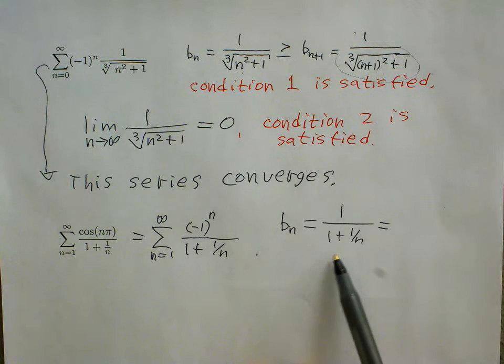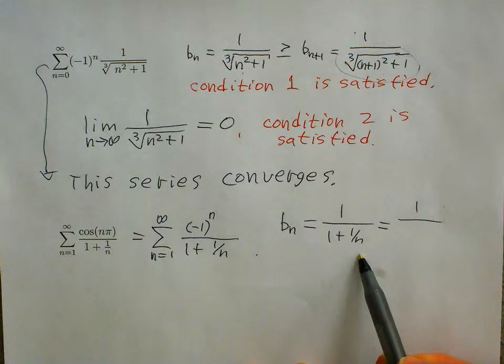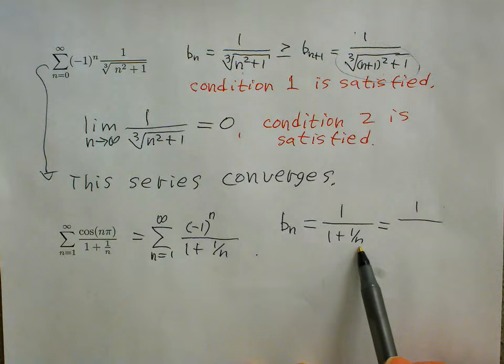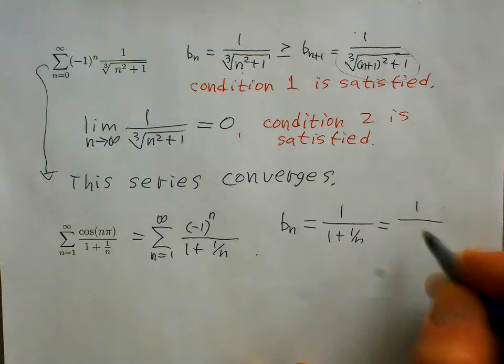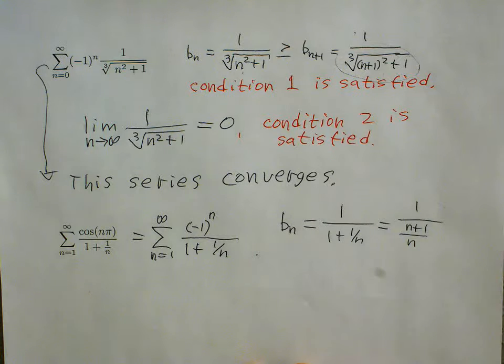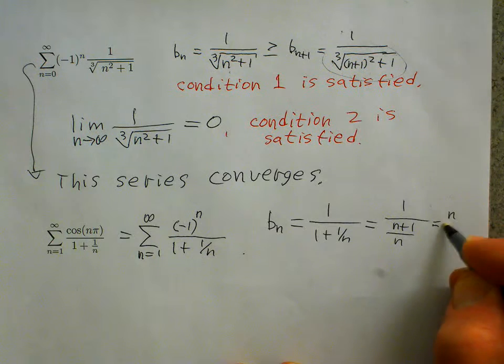Well, if we do a little algebraic maneuver here, notice in the denominator, 1 plus 1 over n, if I find a common denominator n, I can replace 1 plus 1 over n with n plus 1 all over n. And 1 divided by (n plus 1) over n is n over n plus 1.